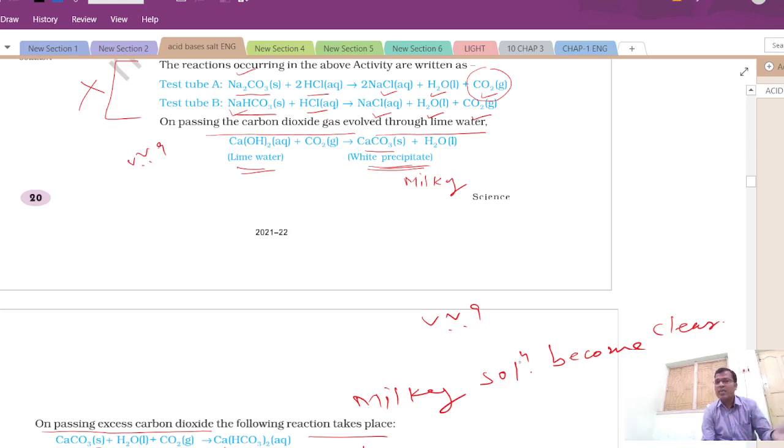This is just like magic: you pass carbon dioxide, then the water becomes milky, that means hazy, and if you pass excess carbon dioxide, then it becomes clear. This is only possible with carbon dioxide, so this test is used to identify carbon dioxide gas. So just remember the concept only. You don't remember the formula, you don't remember the equation, okay?